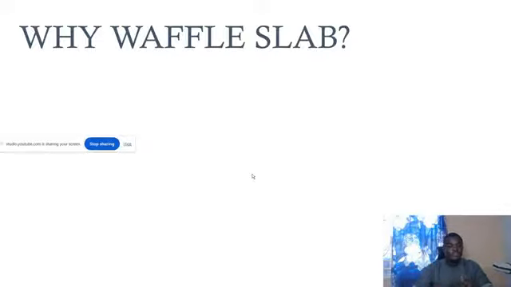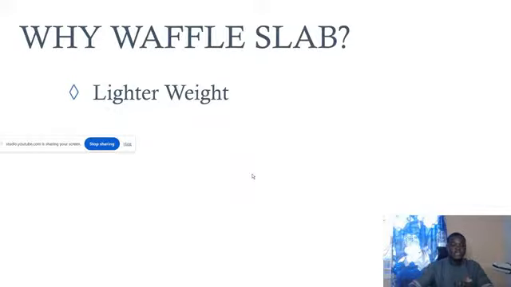We have the solid slabs, the flat slab, the rib slab, and the waffle slab. So one of the first reasons is that waffle slab is lightweight. Whenever I'm talking about waffle slab, the same thing can also be said for rib slab, but I'm going to be mentioning one or two ways where they differ.